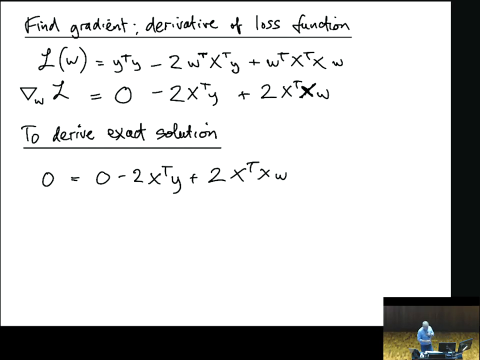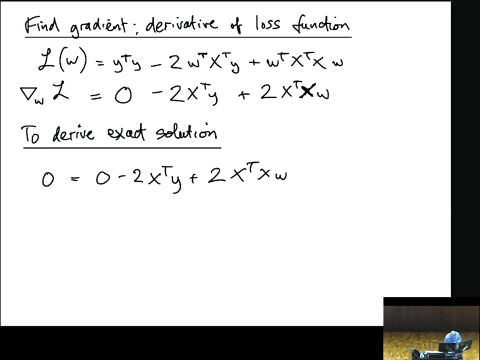Okay, so we look at this. What can we do? Do you remember? The first thing we can do is cancel out the 2's. So I can divide through by 2. 0 divided by 2 is 0. Just divide everything through by 2.